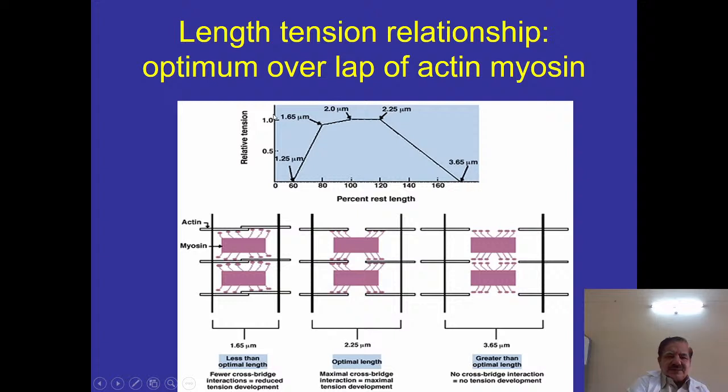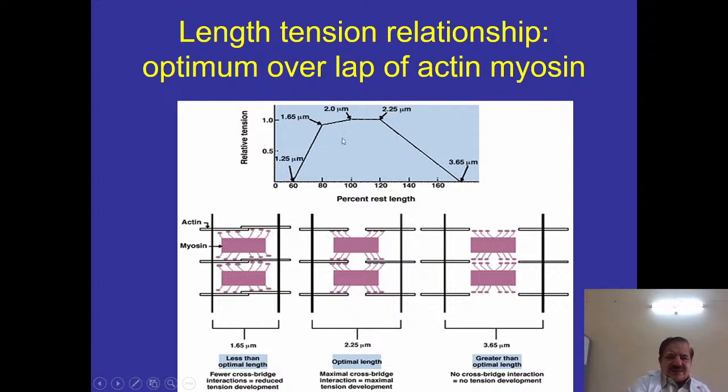The tension developed is zero. As it is going down, once the lengthening is shortening, the force of contraction is getting decreased. That is at 2.2, most of the filaments are coming nearer to the overlapping.